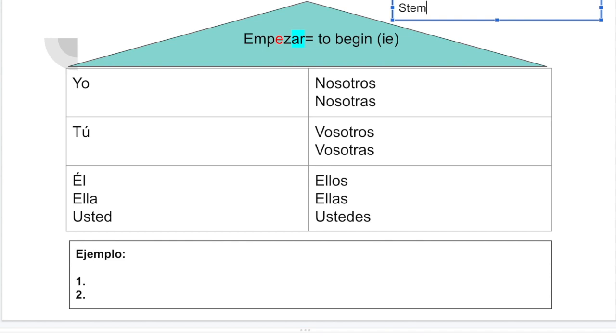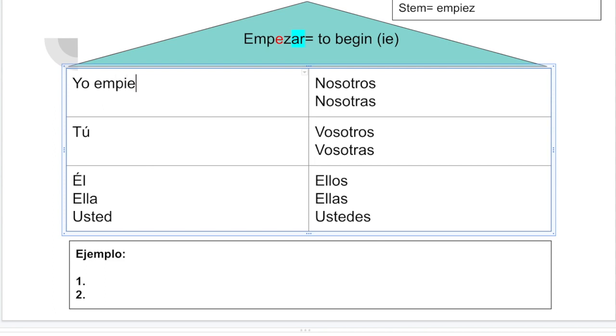So we have the stem. Again, we drop the AR. That's what we always do. And we are going to add an I before the E. So the stem is empieza. So I'm going to write it down. My stem, empiezo.